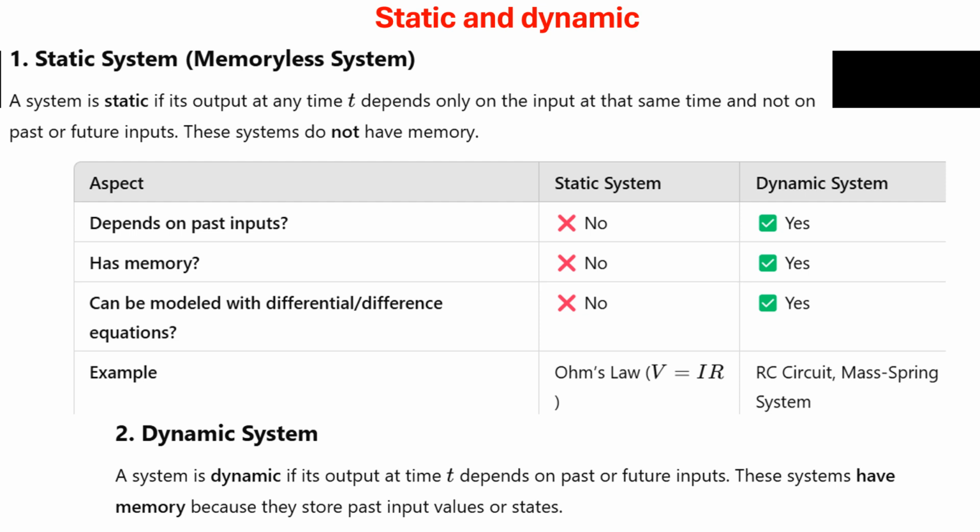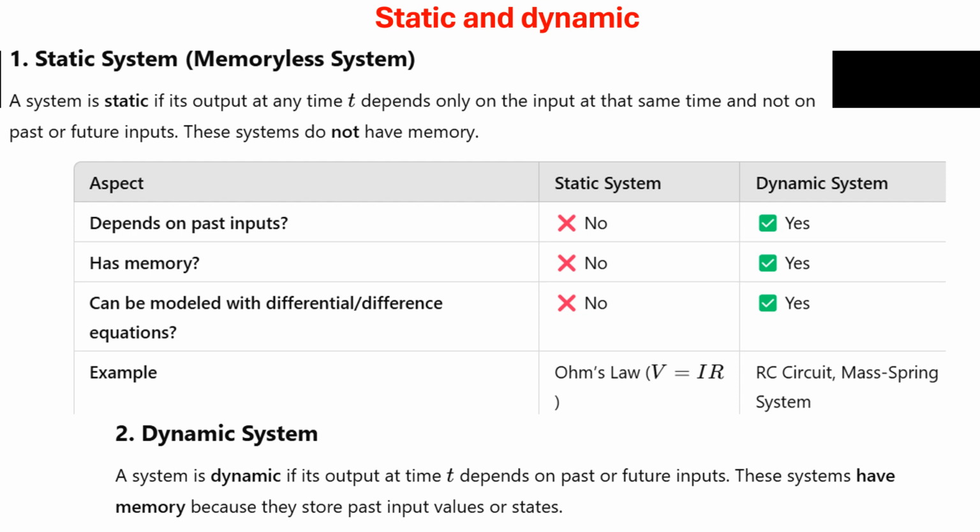And then the static and the dynamic. A system is static if its output at any time depends only on the input at the present time, not on the past or the future. So that is called static. Dynamic systems may have memory.